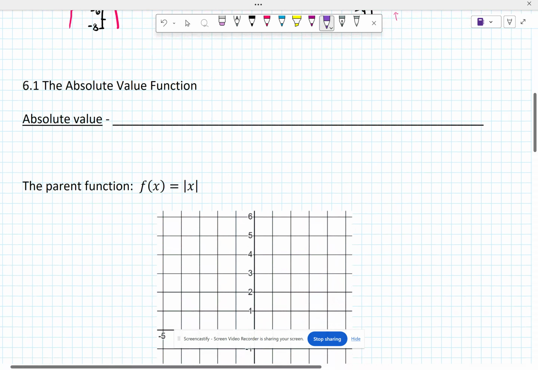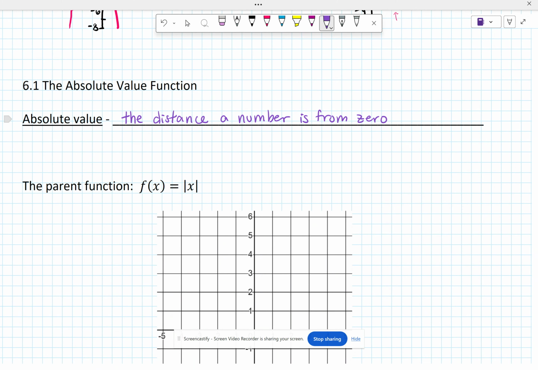So a reminder about the definition of the absolute value. The absolute value is basically the distance a number is from 0. An example, if I am talking about the absolute value of -11, negative 11, how far away is that from 0?